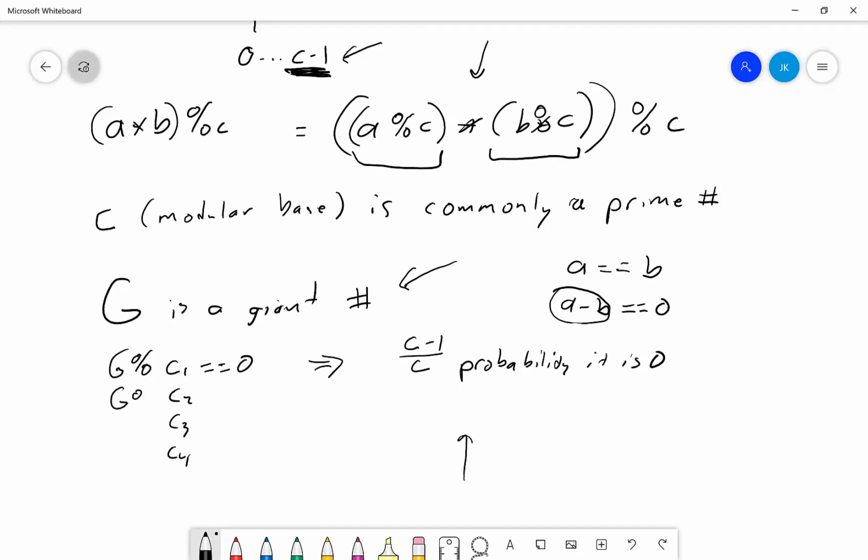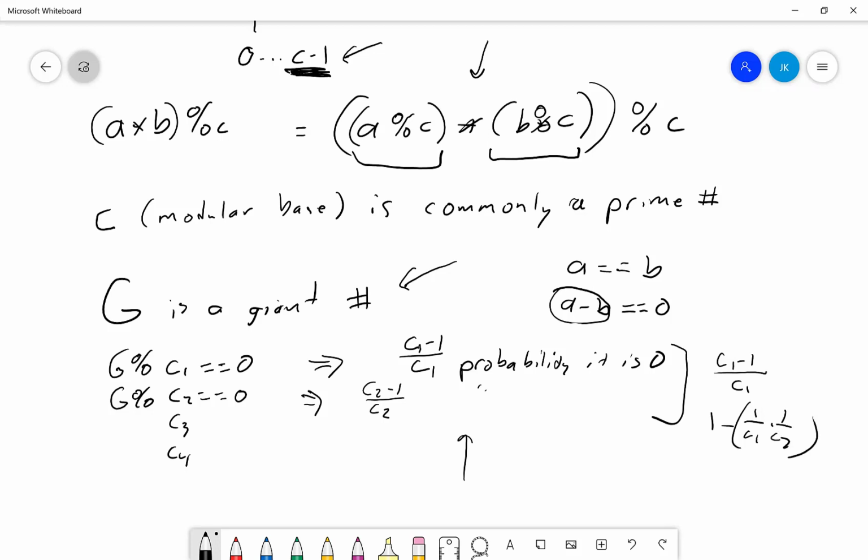Okay, so if you then do G mod C2, and if C1 and C2 are relatively prime, then this alone would mean a (C2 minus 1) over C2 probability that it's 0, just from the second one. And so if I combine these two things together, the probability that it's not 0 would be basically 1 over C1 times 1 over C2.